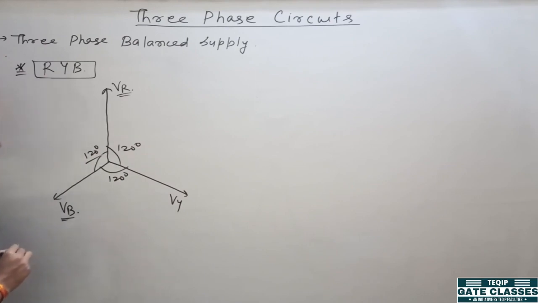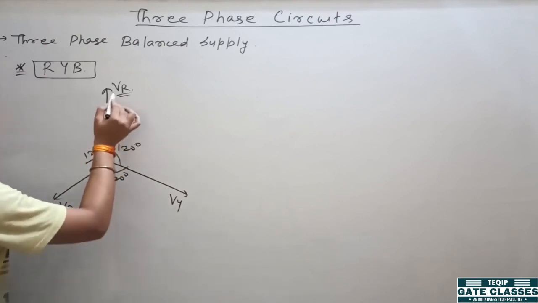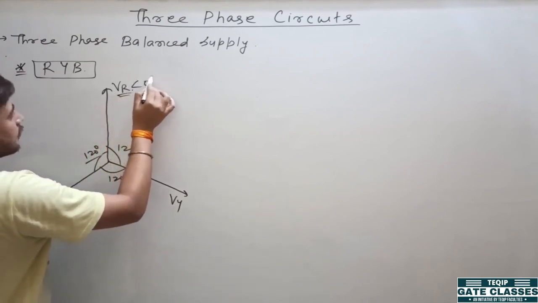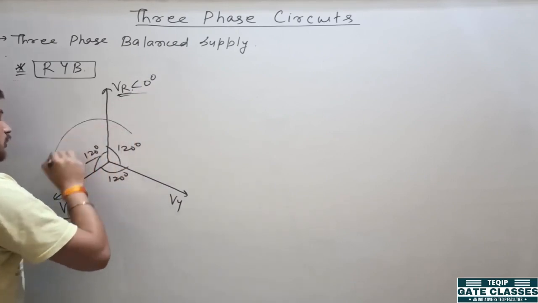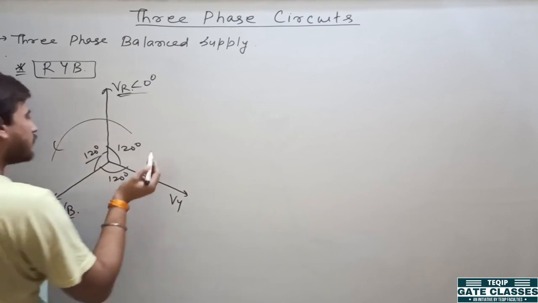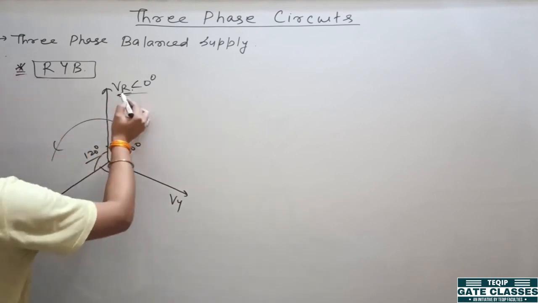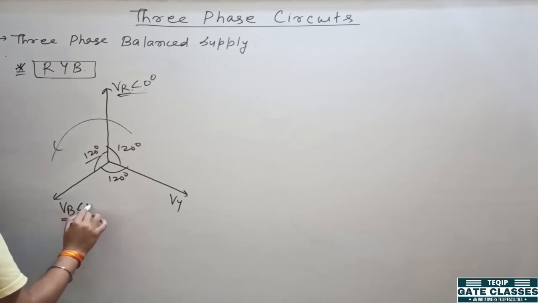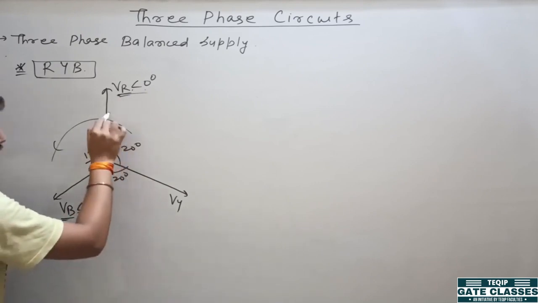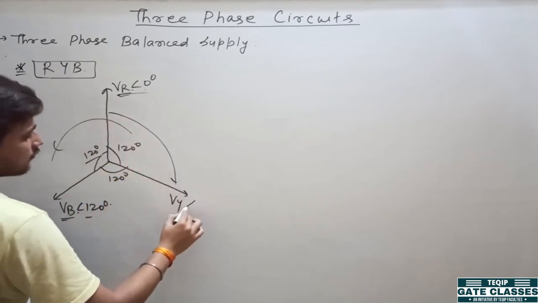Now what is the meaning of this? It means if VR is at angle 0 degree, then moving in the anti-clockwise direction you get a positive angle. That means if this is at angle 0 degree, then this will be at the angle 120 degree, and similarly this will be at the angle minus 120 degree.